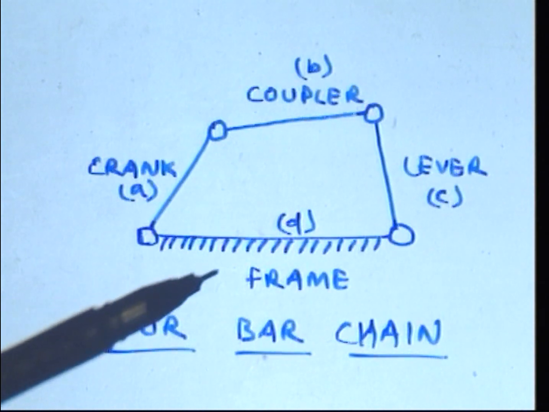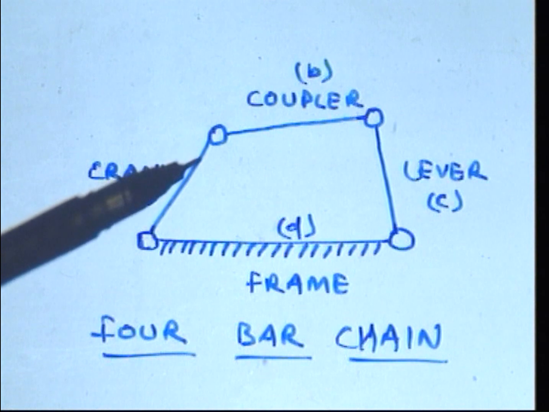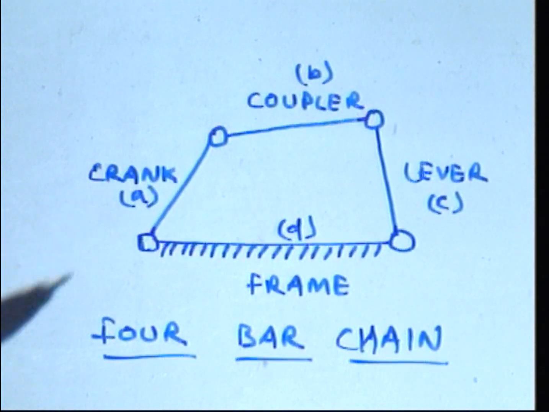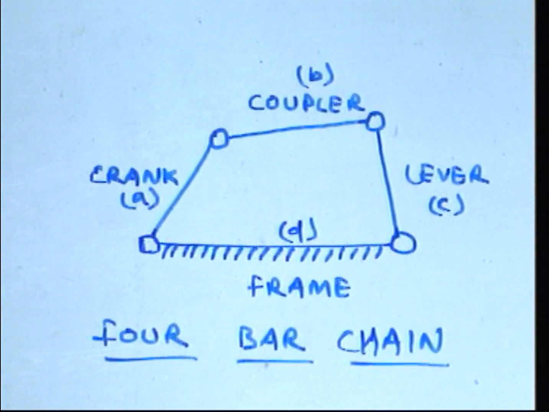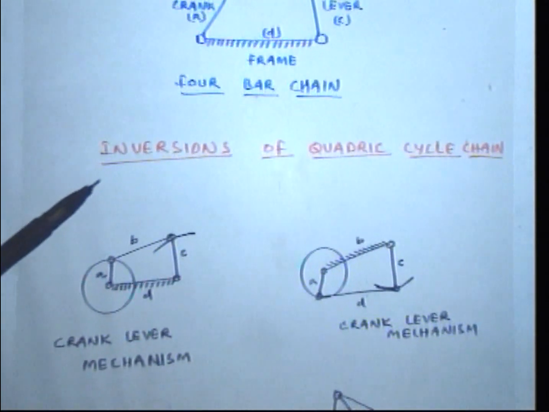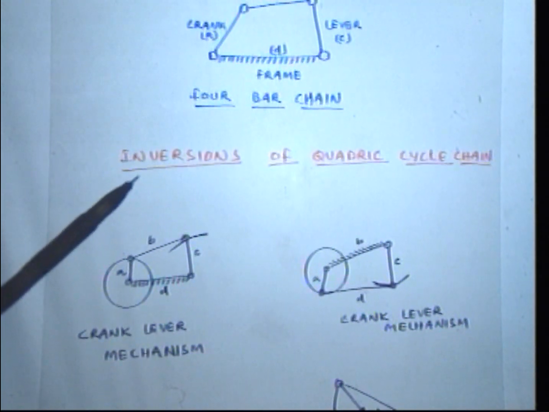The frame is fixed here. We may find some relative motion between the other links. We have already studied the inversion of a mechanism. Now we discuss the inversions of the quadric cycle chain.